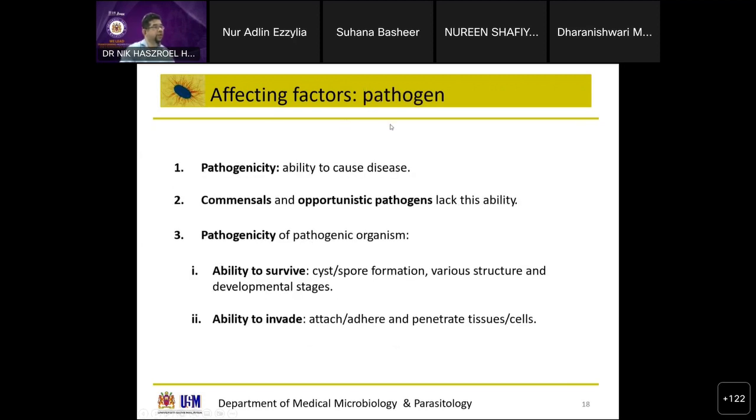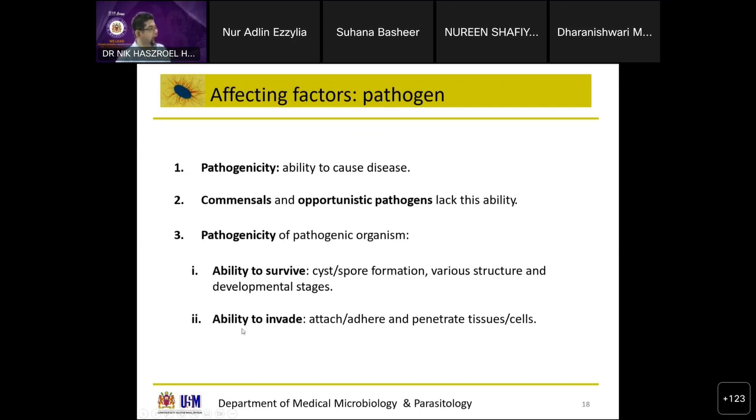And then there are also factors which affect the pathogen. So the pathogenicity of the organism, whether the organism is a commensal or opportunistic pathogen, and the ability to survive. So whether the organism can produce cyst or spore, whether they have various structures, and whether they have developmental stages to be able to survive in the host.